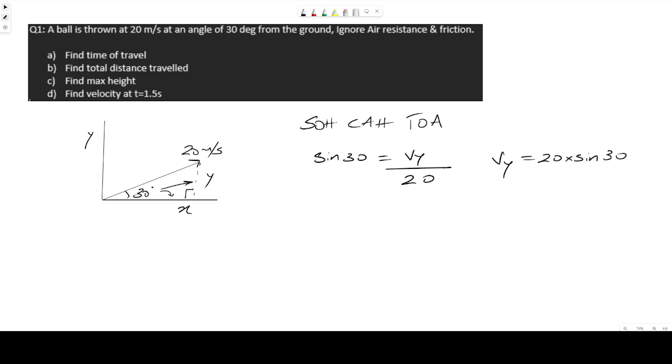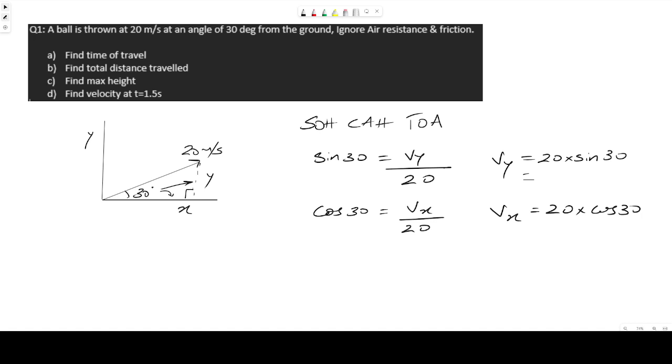Doing the same thing for the x-axis, it's going to be cosine this time because it's the adjacent side. So cos 30 is equal to Vx over 20, and therefore Vx is 20 times cos of 30. Let me quickly solve this.